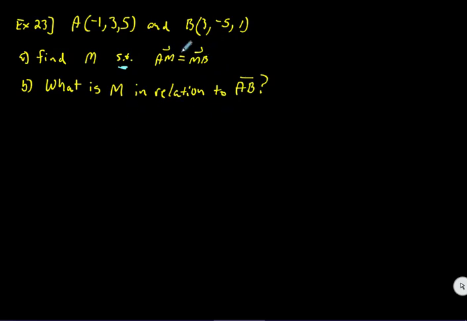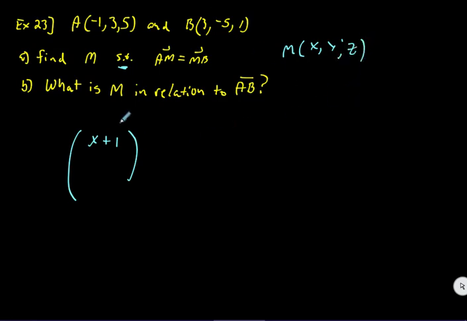But if I were to find AM, well, I don't know what M is, so I'm going to call that x, y. Good. So if I find a vector AM, that would be x plus 1. Oh, I'm sorry, M should be, my bad, it's a three-dimensional vector, so this would be x, y, z.